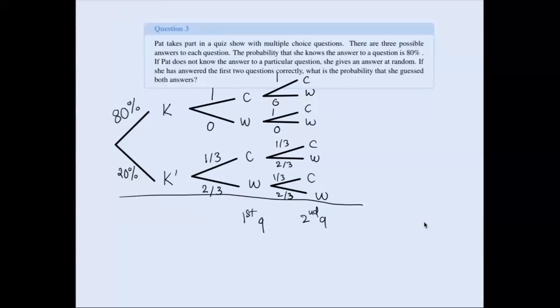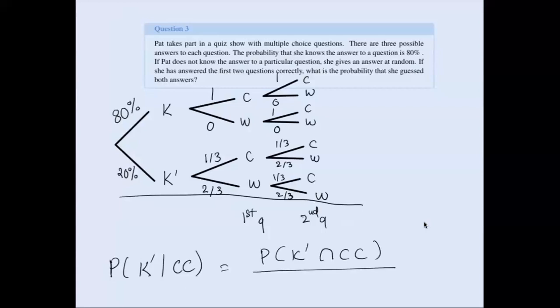So here, I want to calculate the probability that she guessed both of the answers, given that she answered them correctly. I just use the probability of the intersection divided by the probability that she got both of the questions correct.